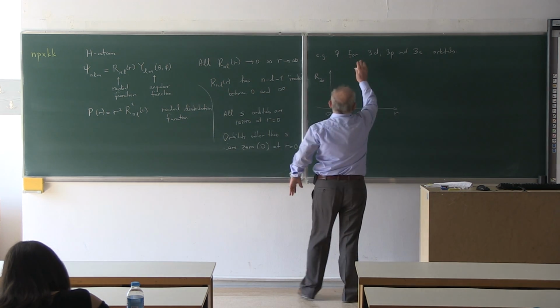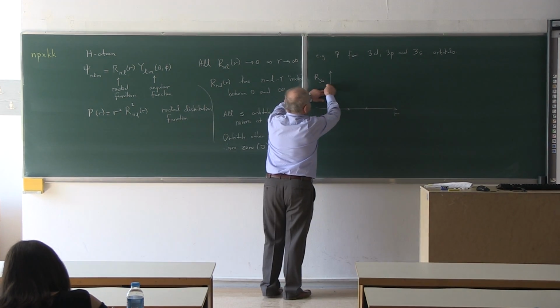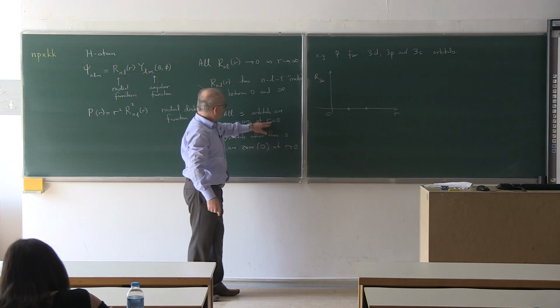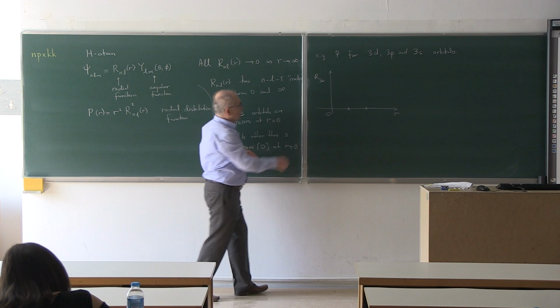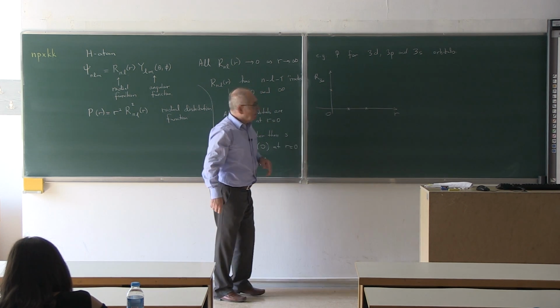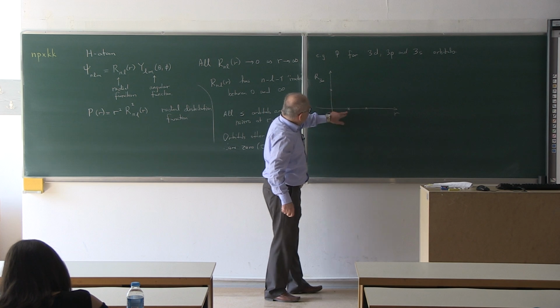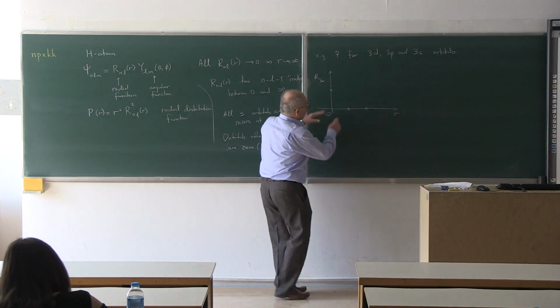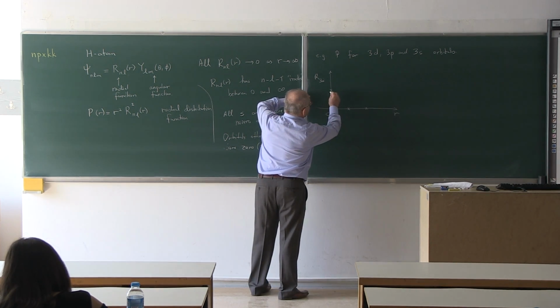Okay, the R function, the s function, according to this rule, at r equals 0, it is non-zero. So at r equals 0, it has some value like that. It becomes 0 at this point and also that point. All right? So the graph will look like this.